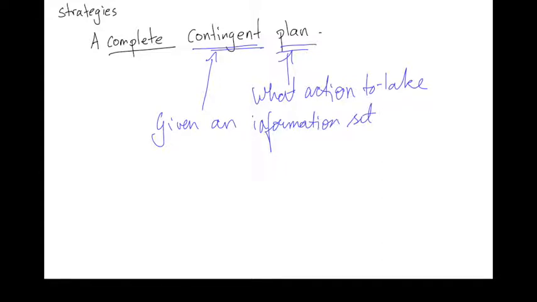And the reason we need to make sure to include the word complete here is because we have to be able to say what this player is going to do at every single information set where that player is called to play. Importantly, even if we look at a strategy and it's not possible, given that strategy, for the player to be reaching a given information set, we still have to say what he's going to do at that information set.